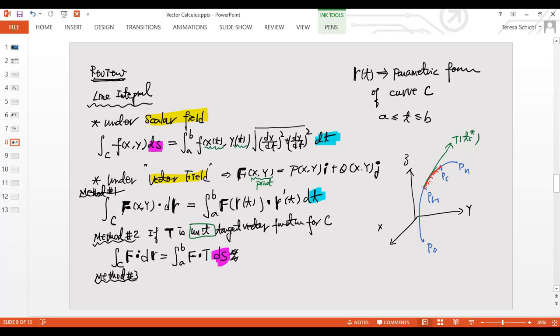If I want to do F dot dr, where F is a vector, and they do give you the vector function, then you can just integrate the line integral using the component functions. So this is P dx plus Q dy.